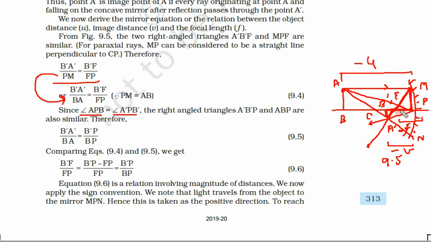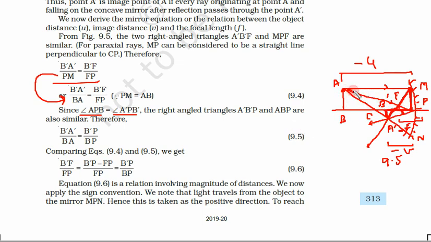Both angles must be similar, that we have learned initially: if this angle is theta, this angle must also be theta, because this is a ray which is falling on the pole, so it must be reflected at the same angle. So that's why these angles are similar.